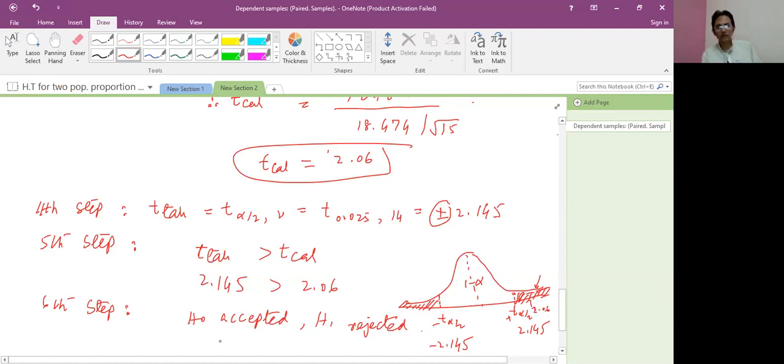So that's why we say H0 is accepted, H1 is rejected.